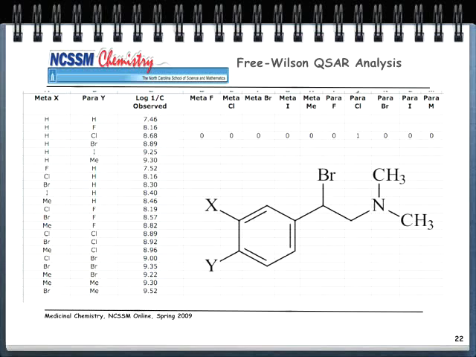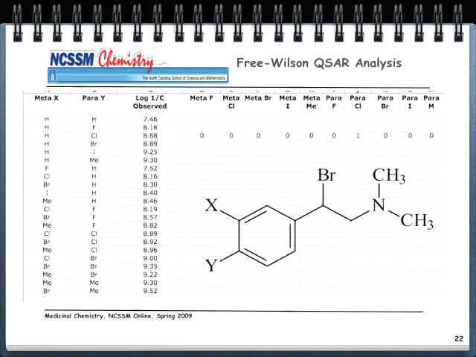Well, the answer is no. There's a hydrogen in the meta position. So I put a 0 there. Keep going across. Is there a chlorine in the meta position? No, there's a hydrogen. Is there a bromine in the meta position? No, there's a hydrogen. Is there an iodine in the meta position? No, there's a hydrogen, and so on and so forth.